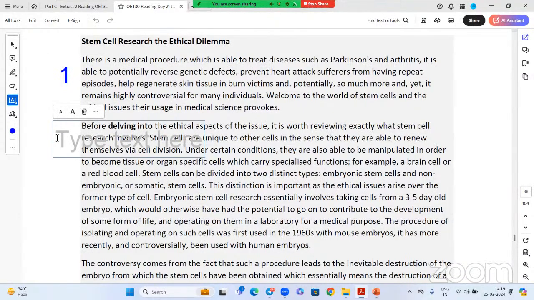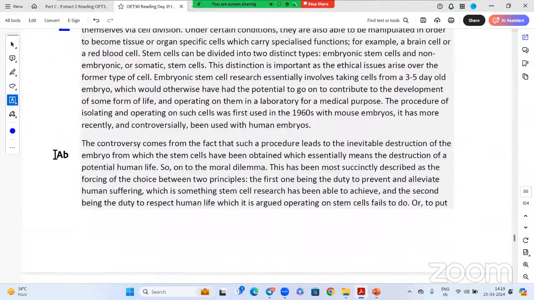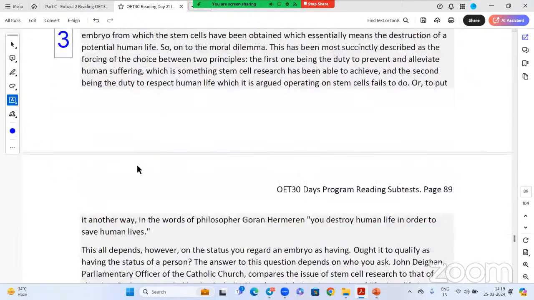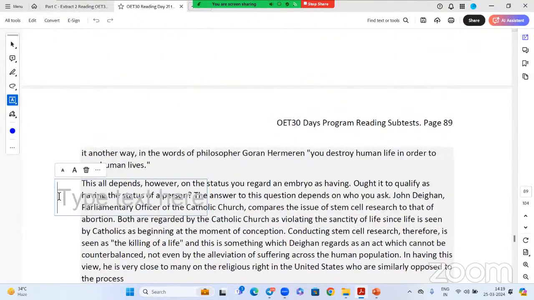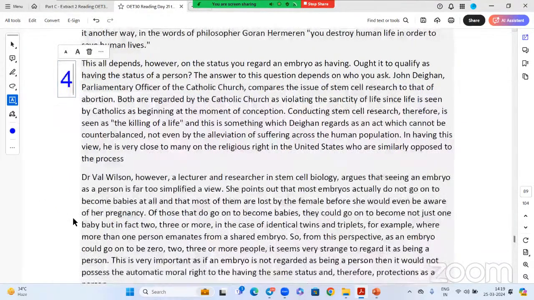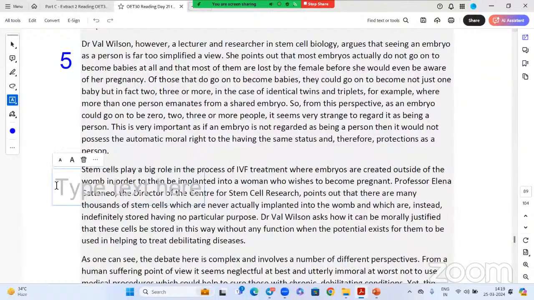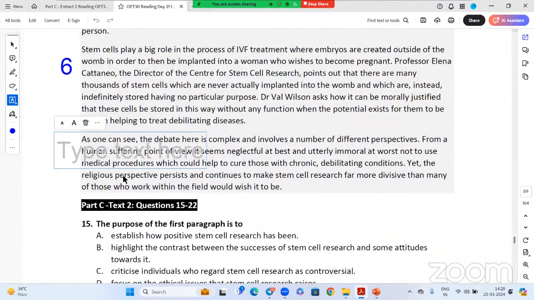This is paragraph number 2. This is paragraph number 3. Continuation and paragraph number 4 here onwards. And this is paragraph number 5. Paragraph number 6. And paragraph number 7. So 7 paragraphs are there.